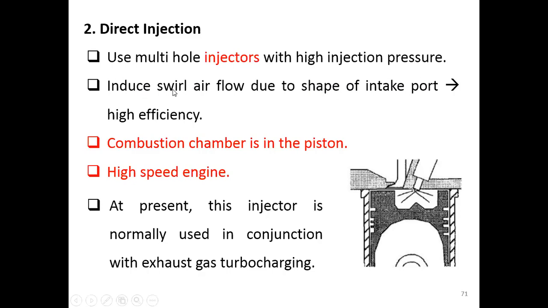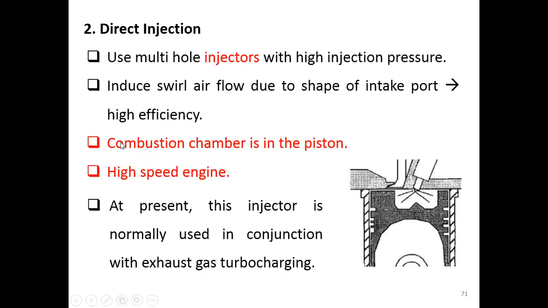In other words, to give the air a highly turbulent flow so that the fuel can interact with the air efficiently. That will result in high engine efficiency if they use the direct injection method for their mixture generation.